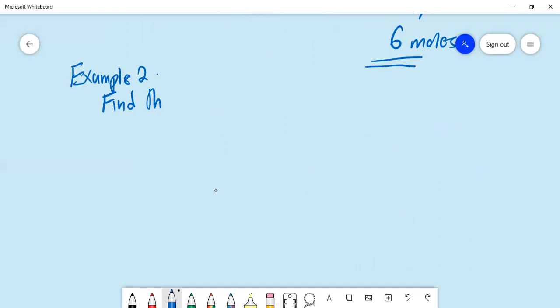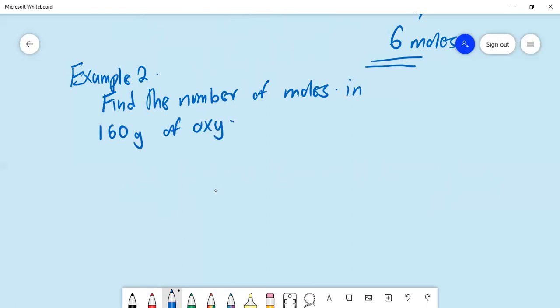Find the number of moles in 160 grams of oxygen gas. Have you seen that one?